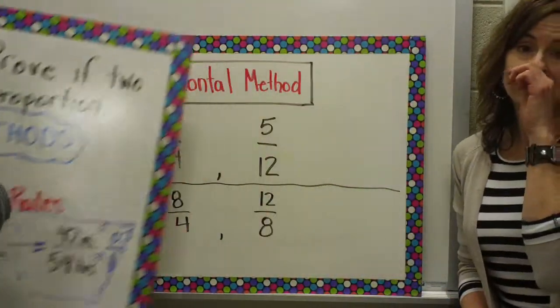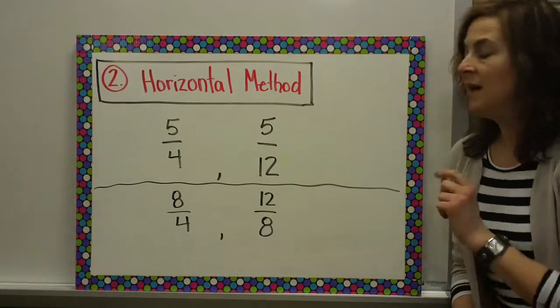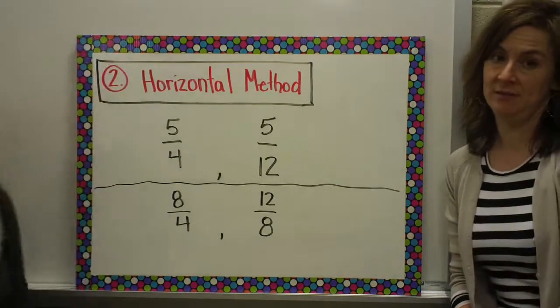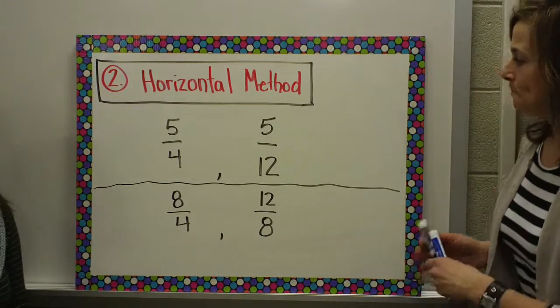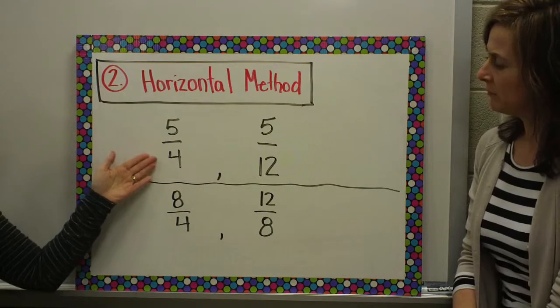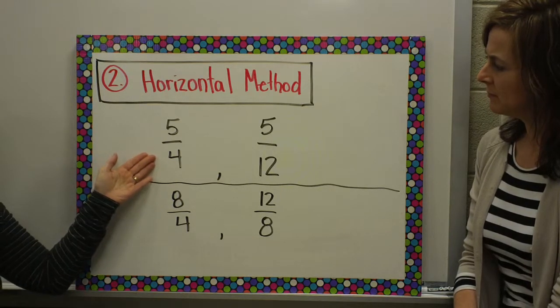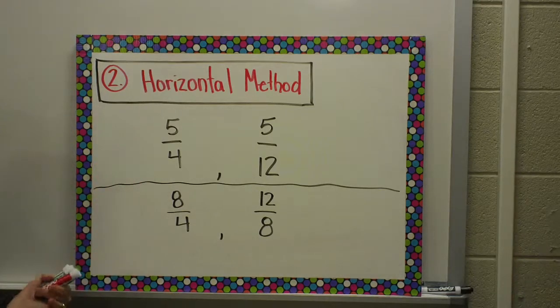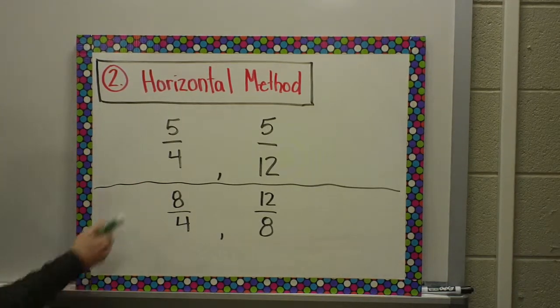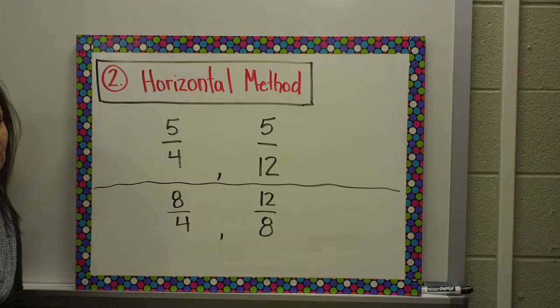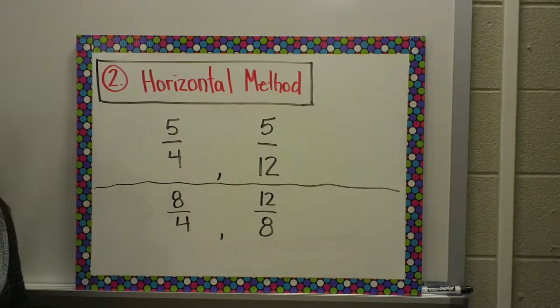That method is called the simplifying method. Another method that you may choose is called the horizontal method. Let's take a look at why. If we notice in this first problem, 5 to 4, they don't have any factors in common, so it's already simplified. So I can look and see, could I make an equivalent ratio that's the same as 5/12?